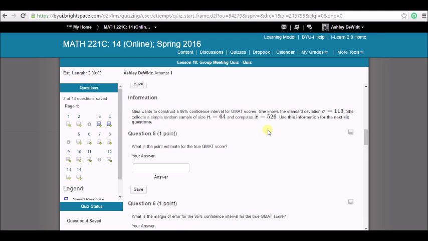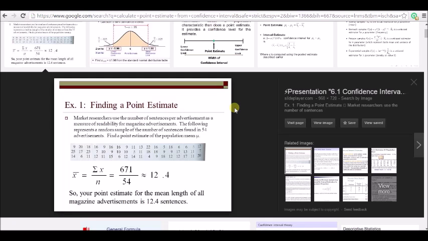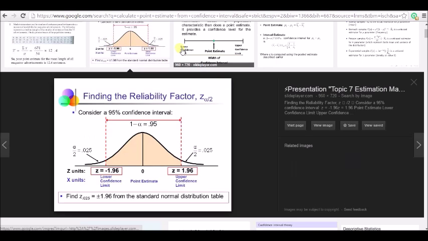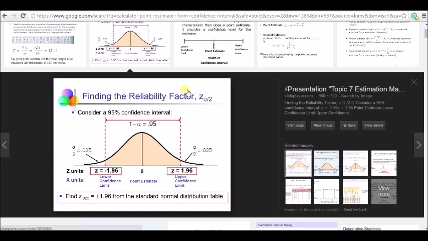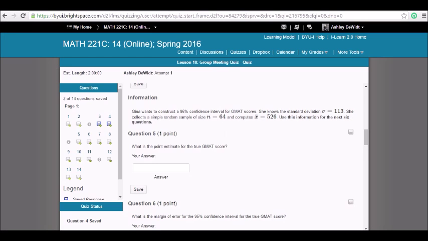Okay, so my calculation was wrong, finding the wrong thing.